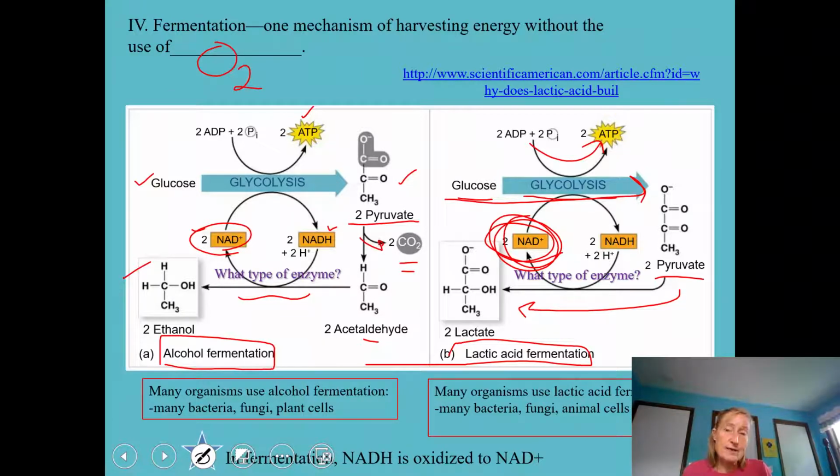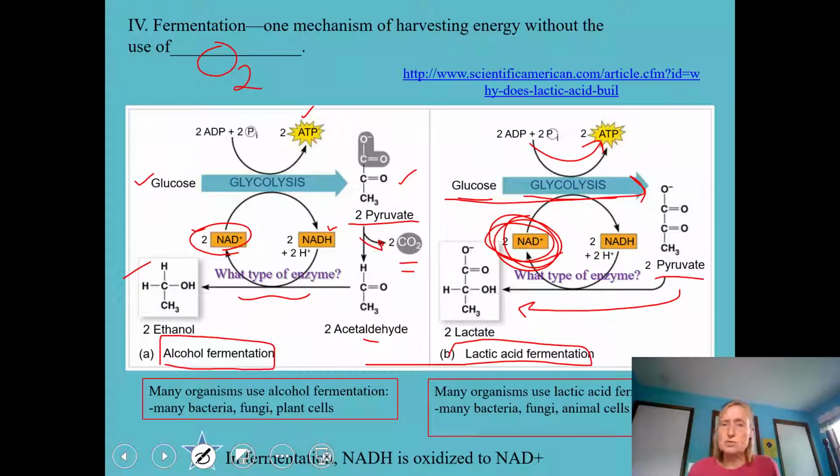Sometimes people say that lactic acid fermentation leads to really sore muscles. So if you're sprinting a 400-meter run, your muscles can be really sore at the moment. That's the kind of lactic acid soreness I'm talking about. Your muscles can get really sore during lactic acid fermentation because the pH in your muscle cells drops.